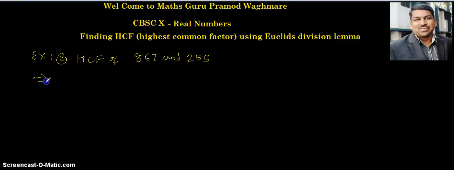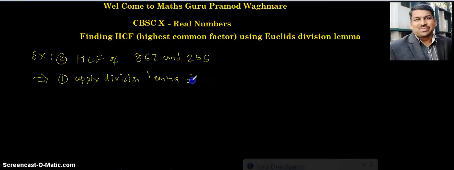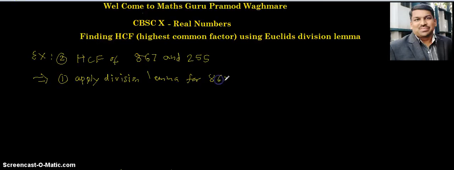So step 1 is apply division lemma for 867 and 255. How we apply division lemma? We know that we can divide 867 by 255. So let us divide 867 by 255.